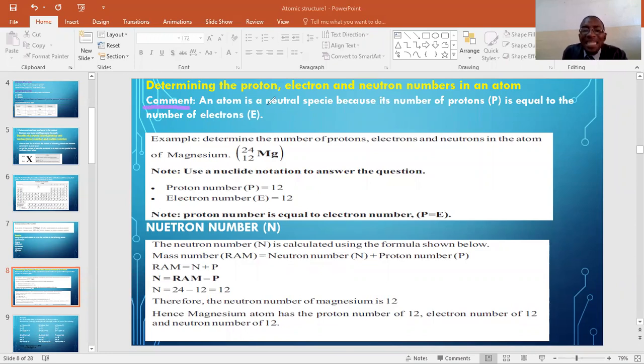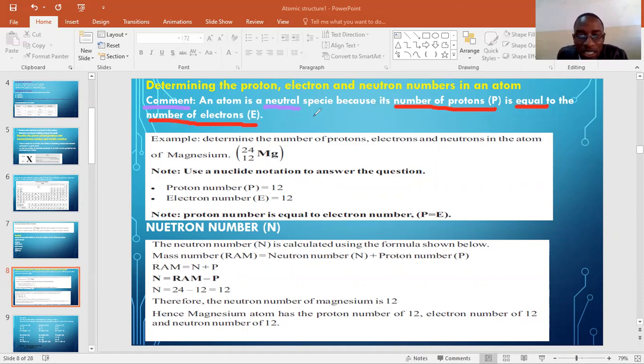An atom is neutral. What do they mean when they say an atom is neutral? So an atom is neutral because the proton number, which is the P, is equal to the electron number.